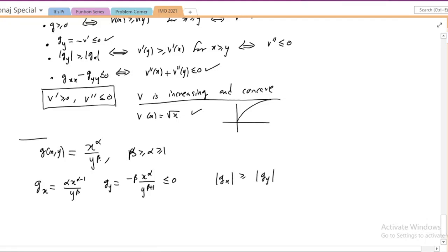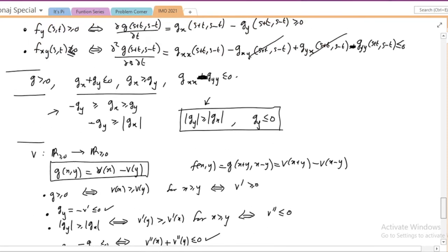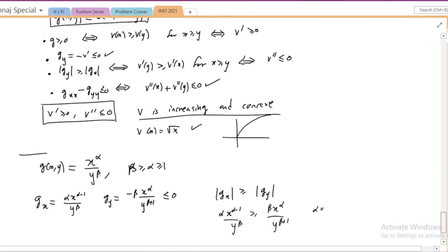So looking at their positive versions, cross multiplying and cancelling out some relevant things, we get this. Let's see, is this right, because of what we're trying to prove? Okay, should be the other way around.